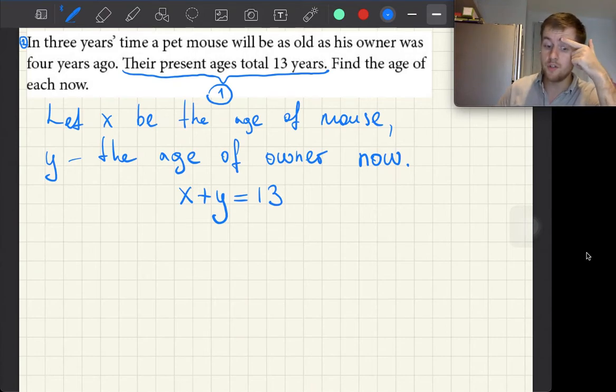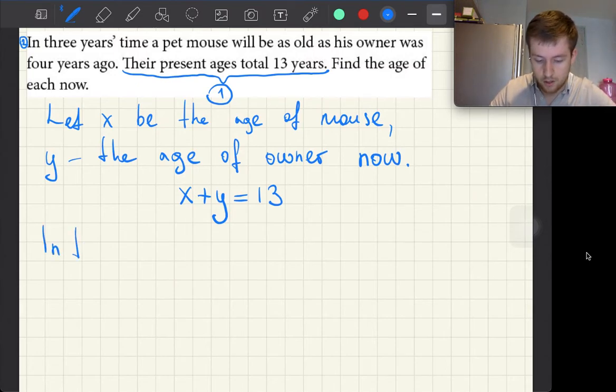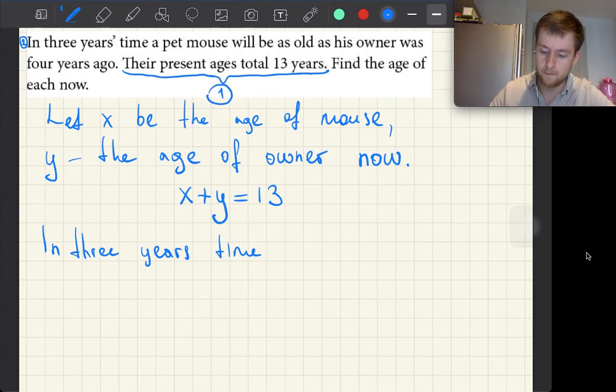The second fact, which actually is the first in the description, is a bit harder to figure out. In 3 years' time, a pet mouse will be as old as his owner was 4 years ago. So in 3 years' time, how can we show this? We can show it as x plus 3. The mouse will be as old as his owner was 4 years ago.